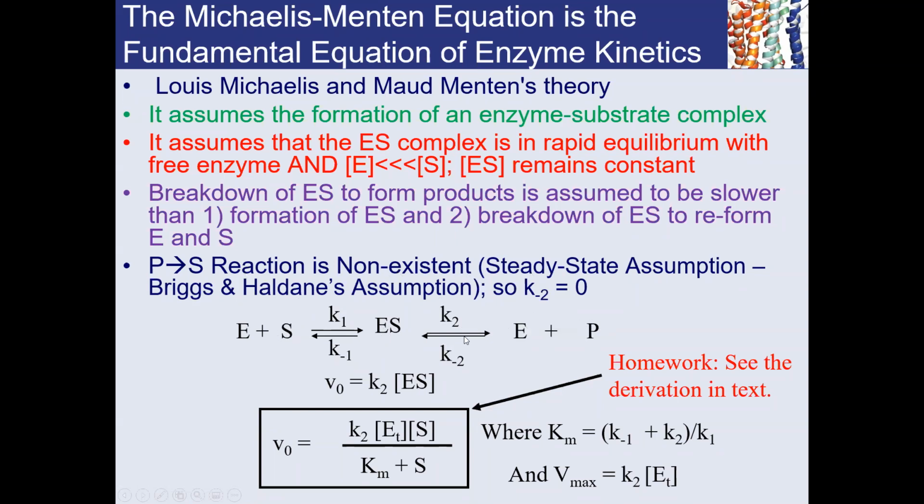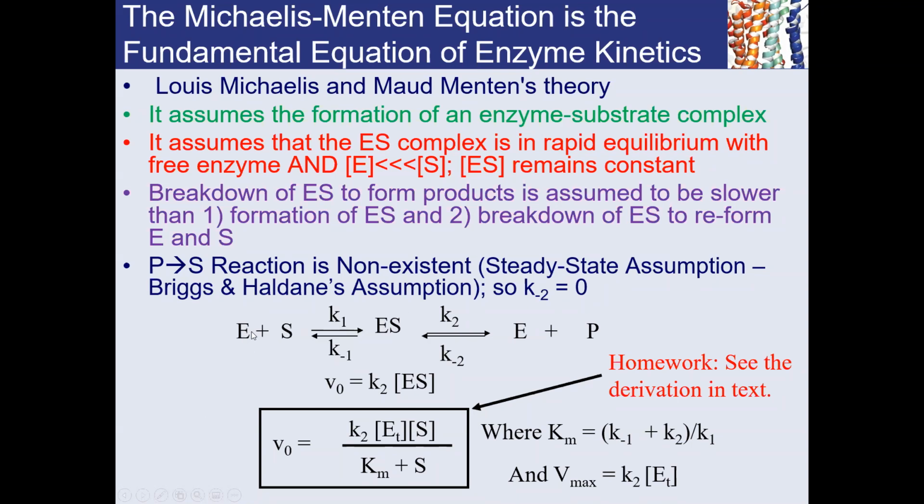So what are the assumptions? It assumes that you form the enzyme substrate complex, and that the enzyme substrate complex is in rapid equilibrium with the free enzyme. That rapid equilibrium is achieved when your substrate concentration is much, much higher than the enzyme concentration.